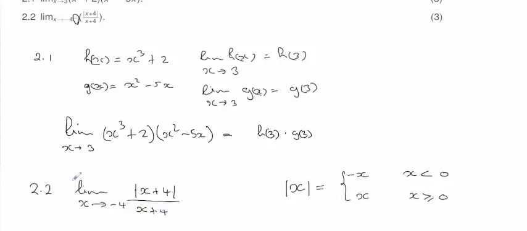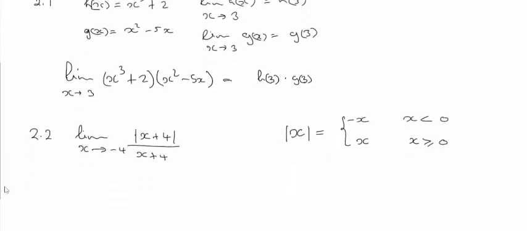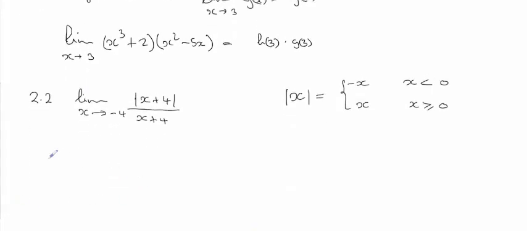So this is how we go about it. Now case 1. For case 1, consider x plus 4 less than 0, which means that in this expression we're going to substitute the absolute value by minus (x plus 4).